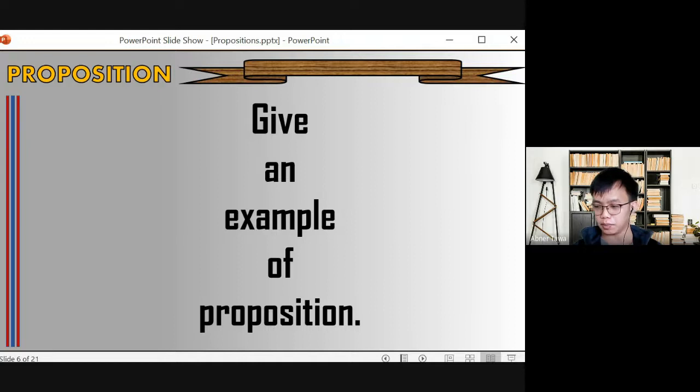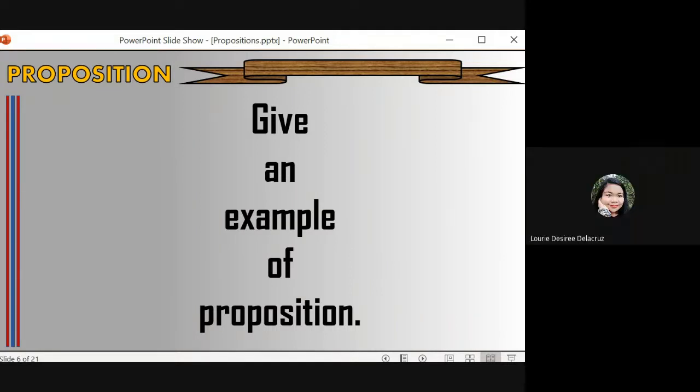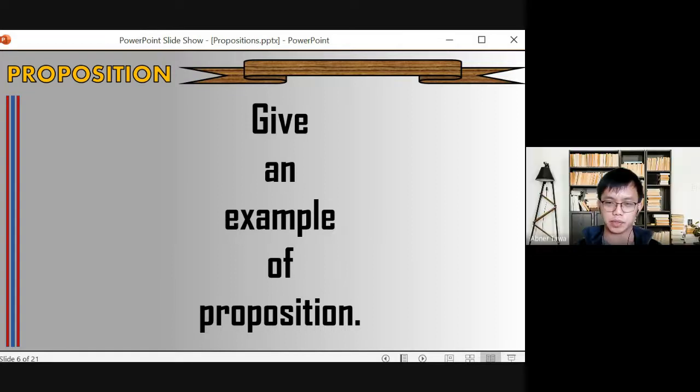That's an example. Okay, how about Lori? Okay, Lori, can you give me one example? The book belongs to Ira. Okay, so the book belongs to Ira.